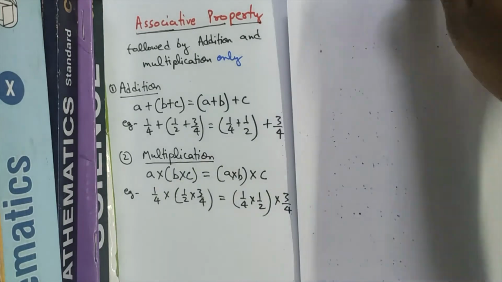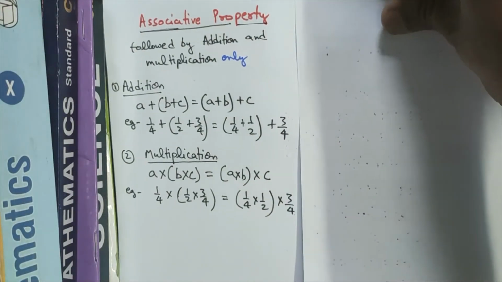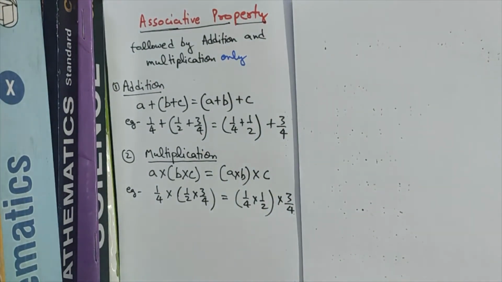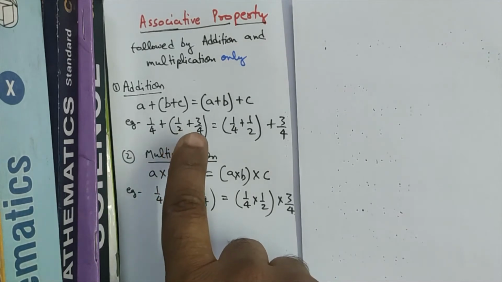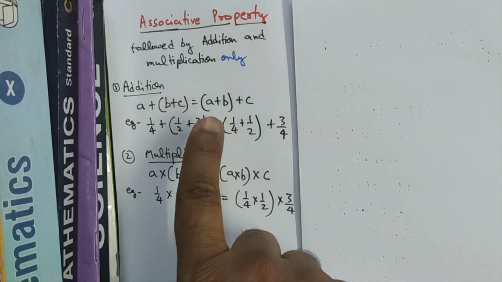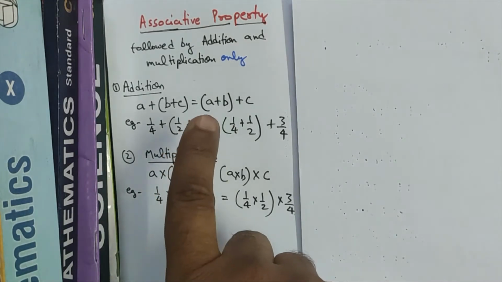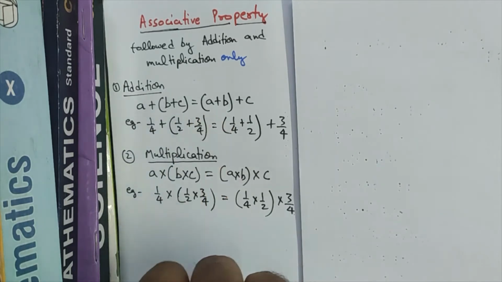Okay, now the associative property. The associative property is also followed by addition and multiplication only. It is not followed by subtraction and division.